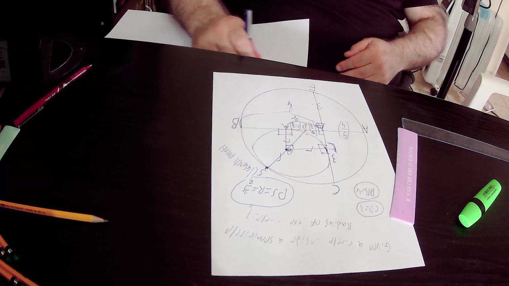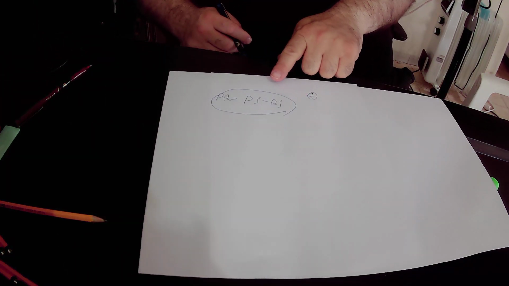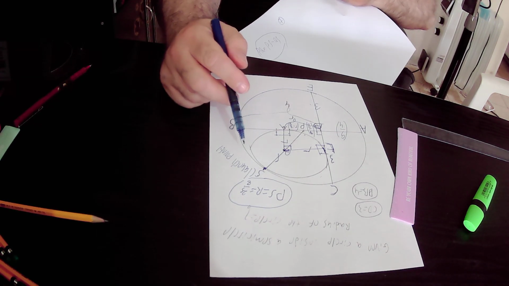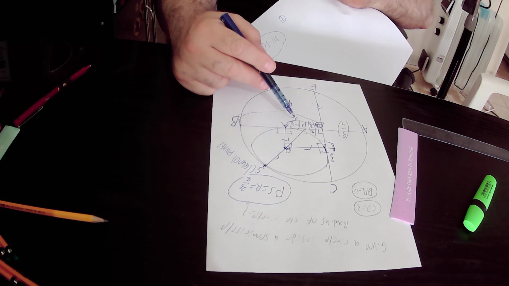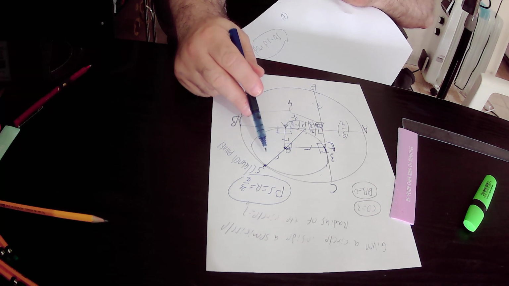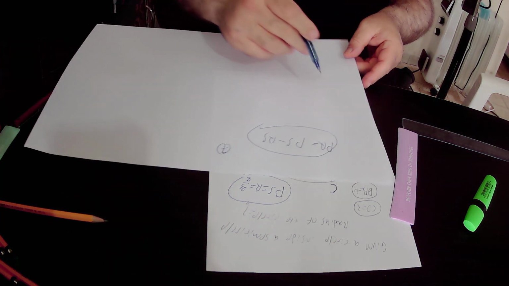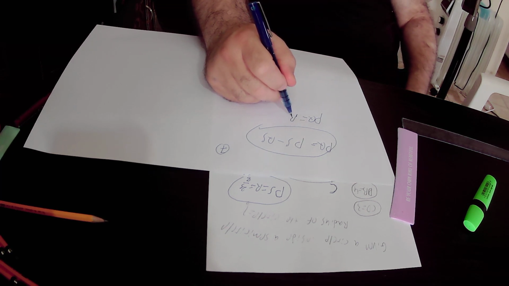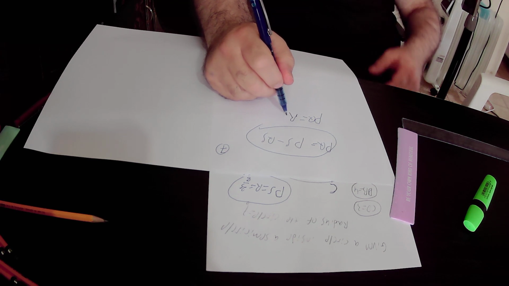Okay, here we found out that PQ equals PS minus QS. And we have already found out that PS is the radius of the big circle, that is capital R. We will substitute PS by capital R because it is the radius of the big circle, so PQ equals capital R minus QS.